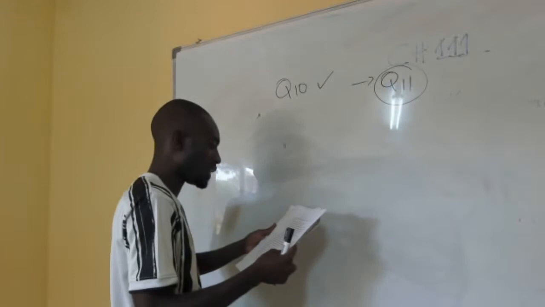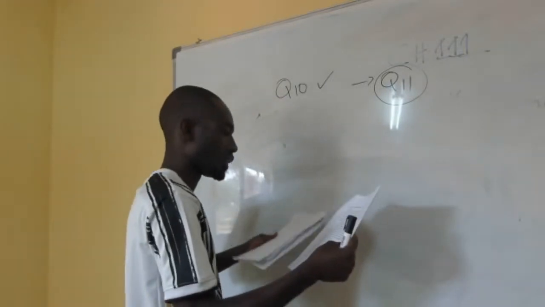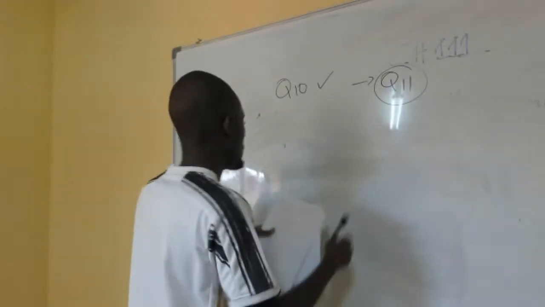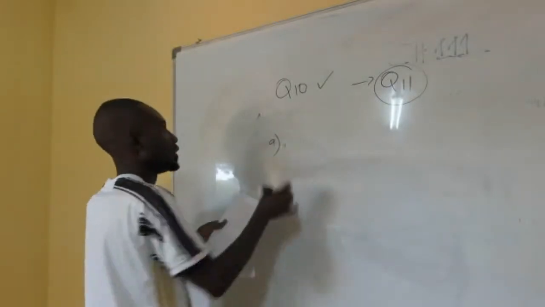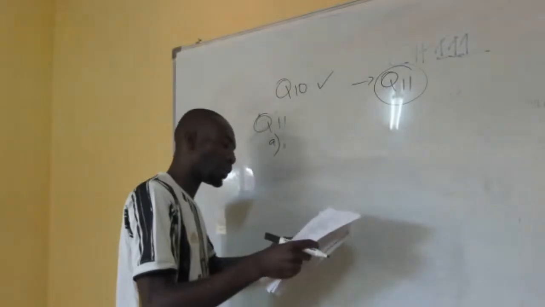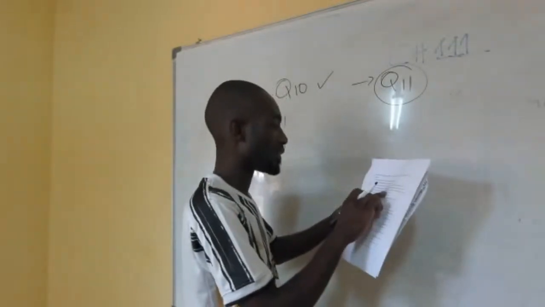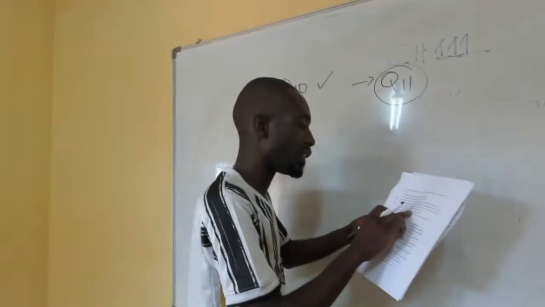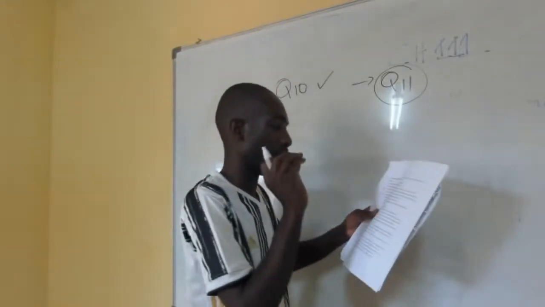Which of these lines represents the most energetic light? This is question 11 A. They are saying which of the lines represents the most energetic light.